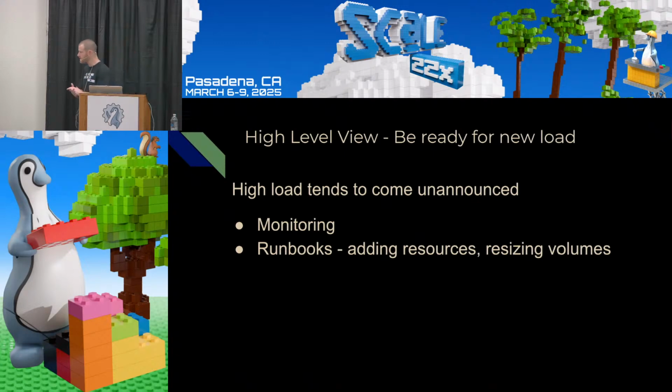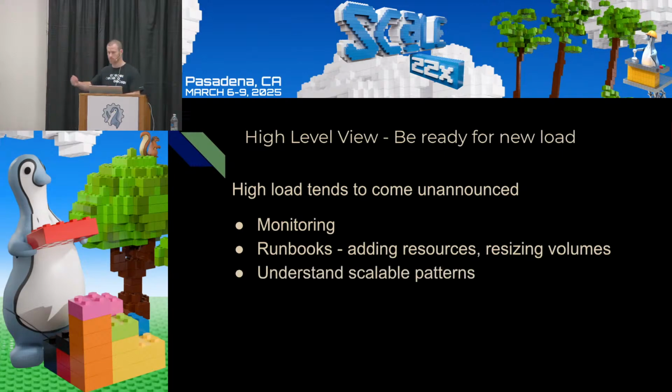You want runbooks. If you're having a problem with your application and you need to go to the next level, that's already a hard enough problem, so make the easy things easy. Scaling your apps, resizing volumes, have runbooks to make sure you can move through these quickly. Understanding scalable patterns would be application patterns, architectural patterns for doing these. There's a ton of good books for that.